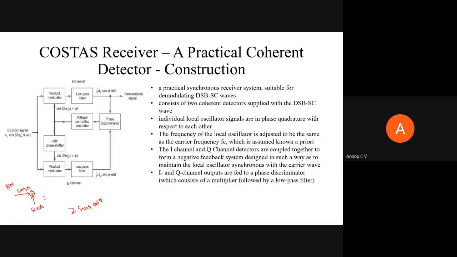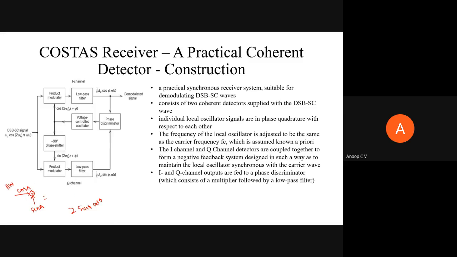So I'm asking you to try it as homework. If you give two signals to a product module, it will produce sum and difference frequencies. In this case the frequencies are the same, so if it is a and a, the sum will be a plus a, that will be 2a, and the difference will be a minus a, that will be 0.